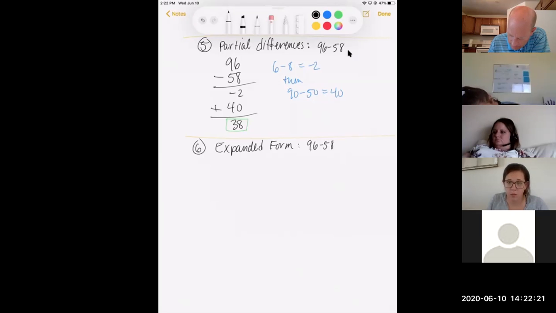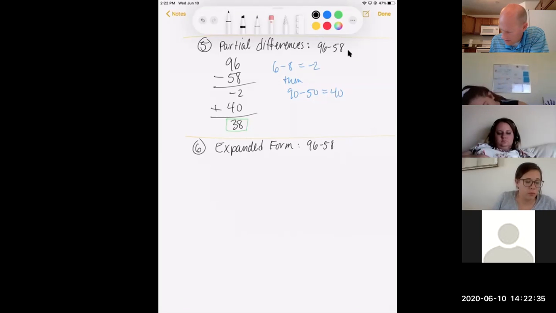There are other things like compensation and counting up tens and ones. Those first 3 are the ones that are easier to do and more strategic for mental math thinking strategies. These last 3 are just for fun. We like to do fun things in math like this, right?